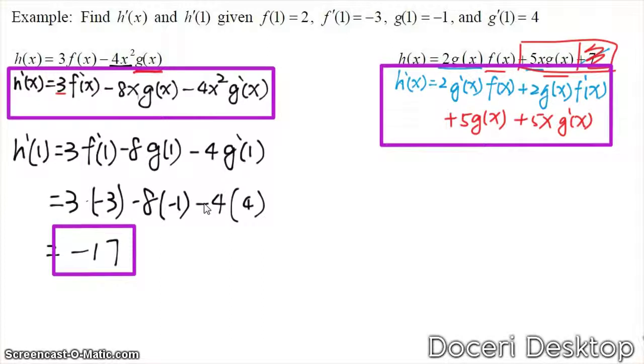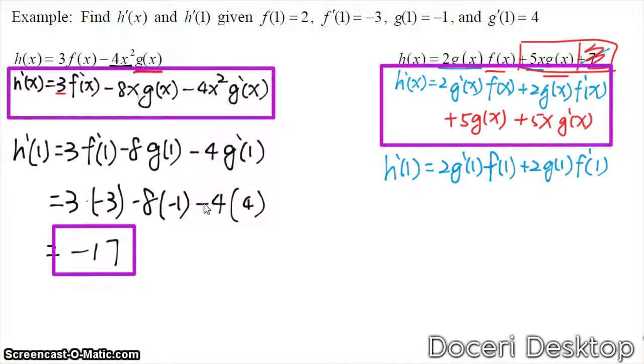Woohoo! Now the second answer is a little longer, so here we go. h prime of 1 equals 2 times g prime of 1 times f of 1, plus, not plus, sorry, my bad, couldn't even read my handwriting, 2 g of 1 times f prime of 1.